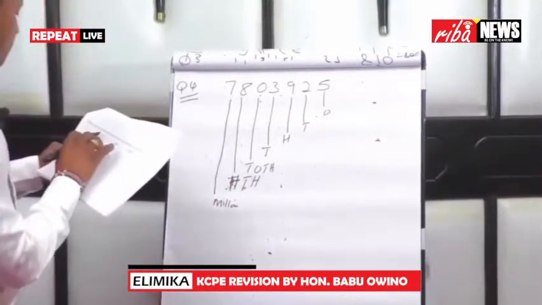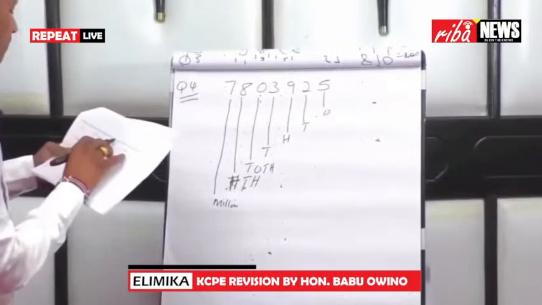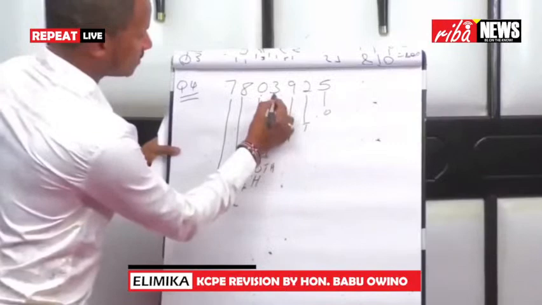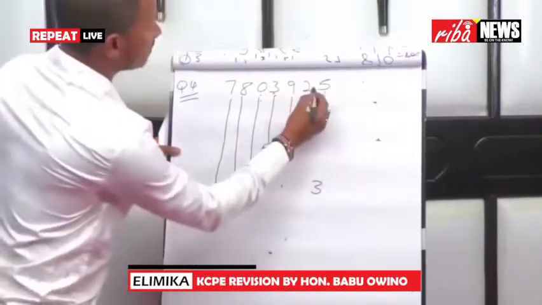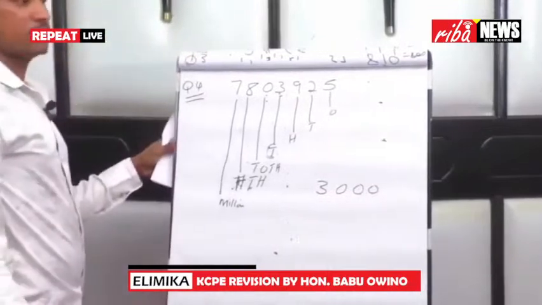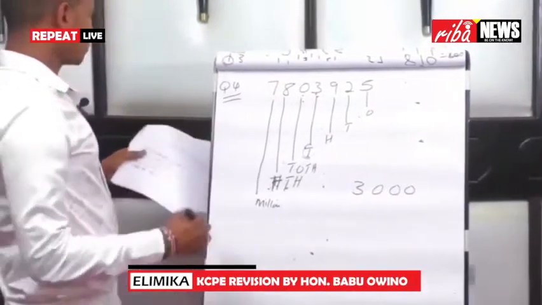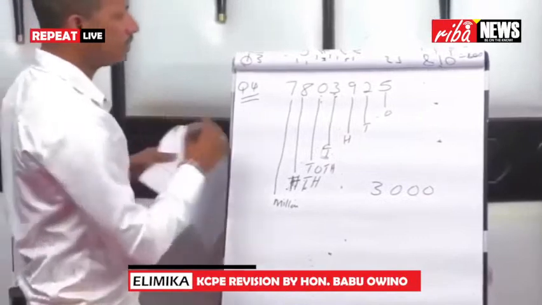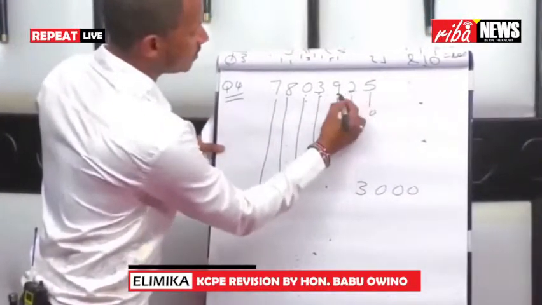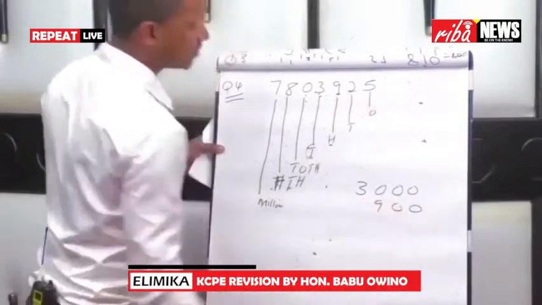So what is the place value of digit 3? Digit 3 is in thousands. So you write 3, then just replace the other numbers with zeros. So that is 3,000. Then what about digit 9? Digit 9 is in hundreds. Then it is just 900.